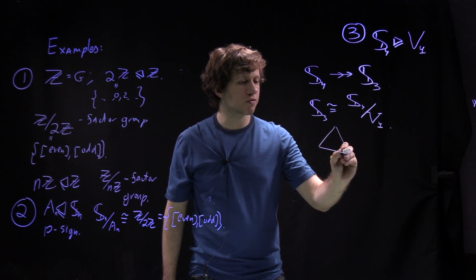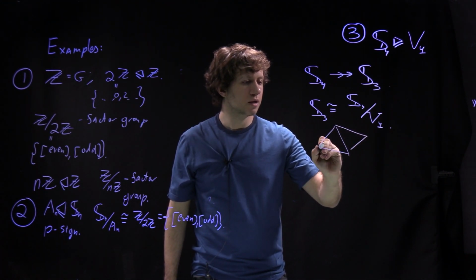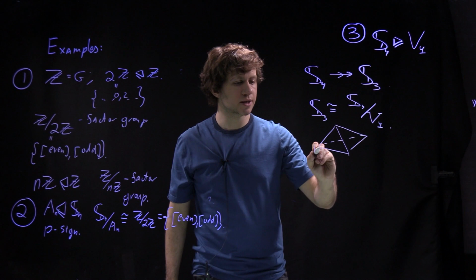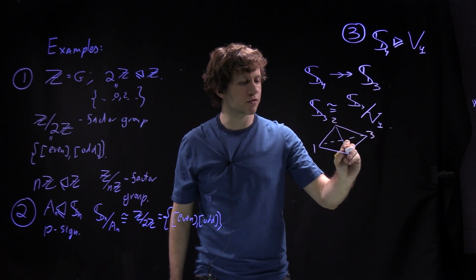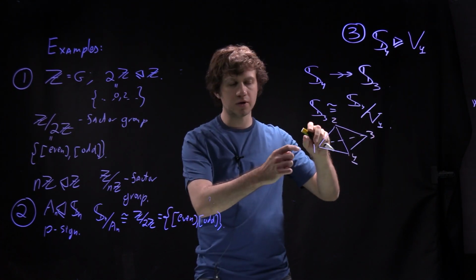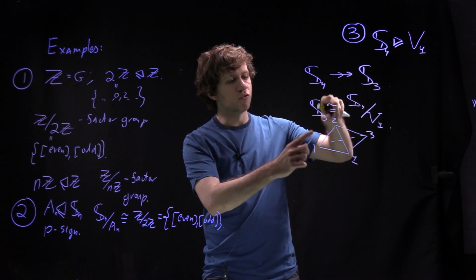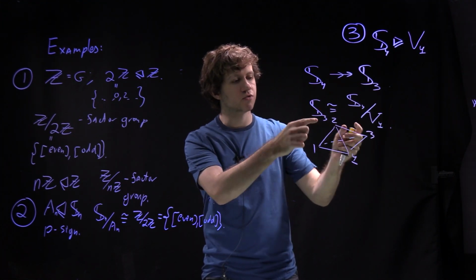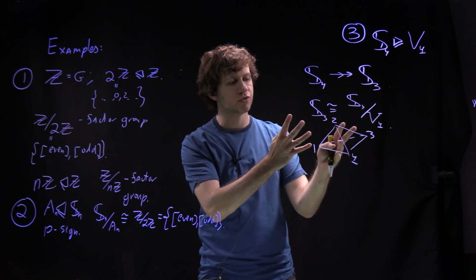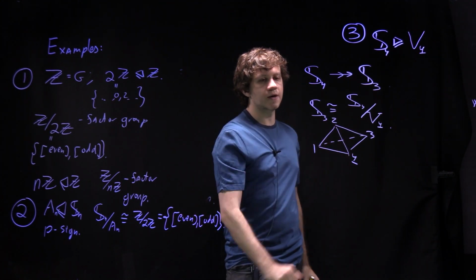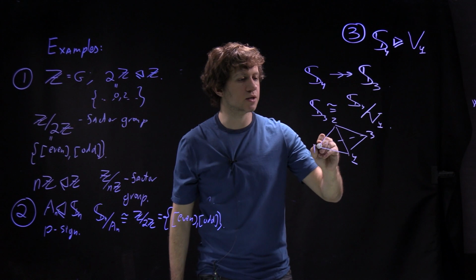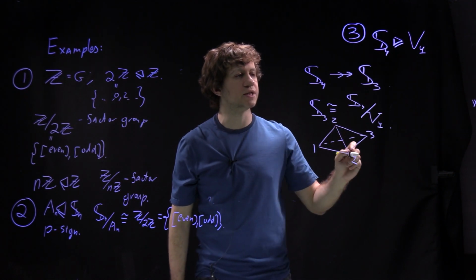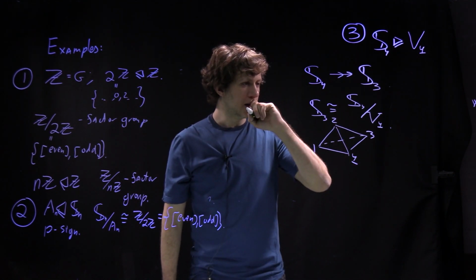So if you take a tetrahedron, as we discussed in class, I guess, you can have a tetrahedron with 4 vertices. Imagine it's regular. Then there are S4 different isometries of the whole space which send the tetrahedron to itself, like rotations, symmetries, and so on. And there are these 3 pairs of opposite diagonals.